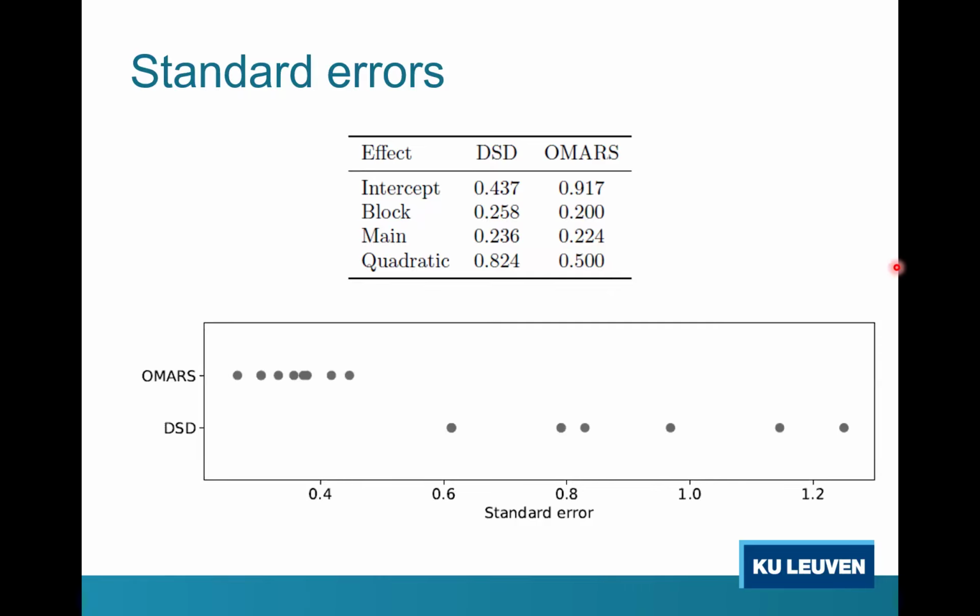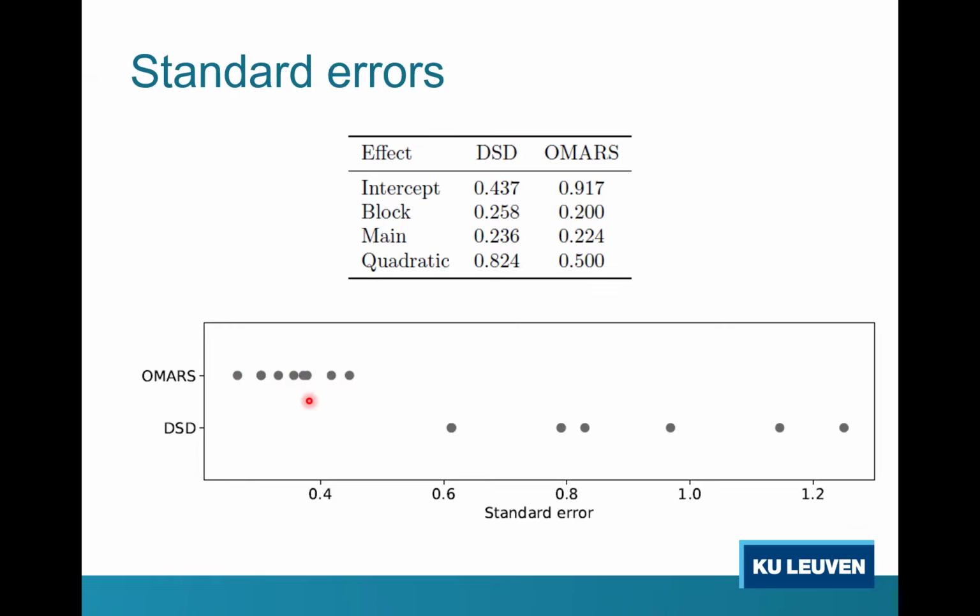And I have a picture to show you the standard errors for the interaction effects. At the bottom, we have these bullets here. They indicate the standard errors that you get from the definitive screening design for the interaction effects. Right here on the left-hand side, you see the bullets showing the standard errors for the very same interaction effects when you use the OMARS design.